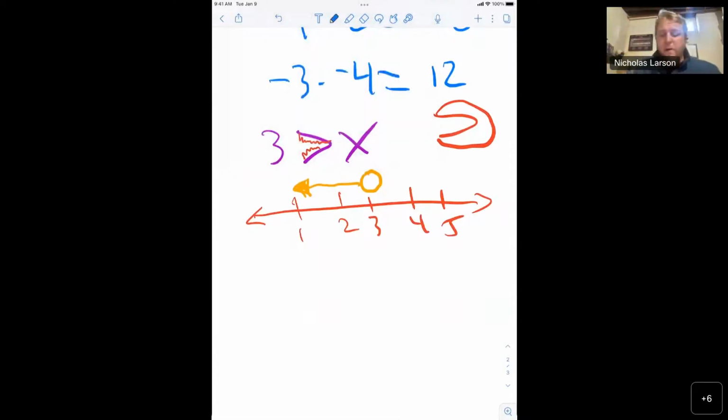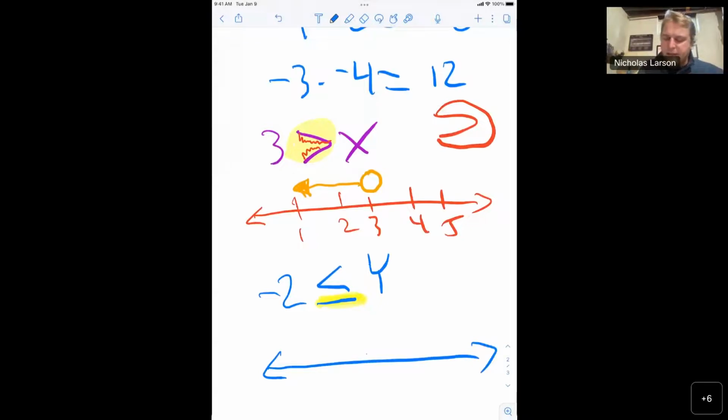And so when we get, let's say, -2 is less than or equal to y. Now, again, notice the difference. Here, I did not have an equal sign. Here I do. So when we have that line underneath, that equal sign, that tells us that we need to use a closed circle.